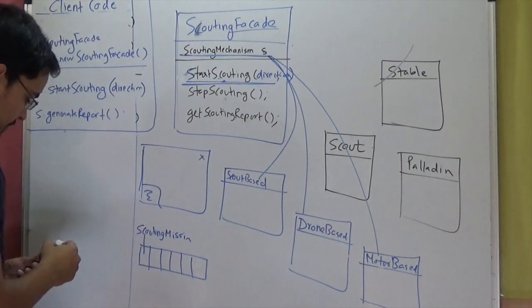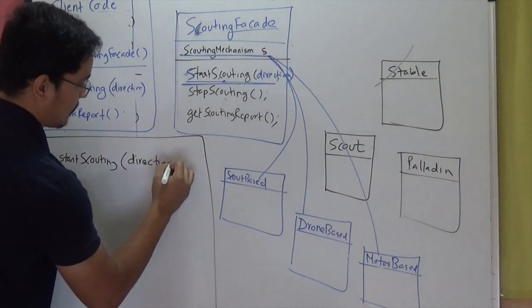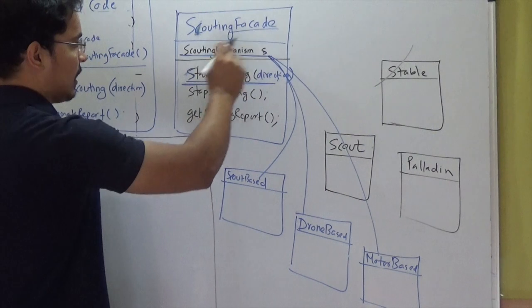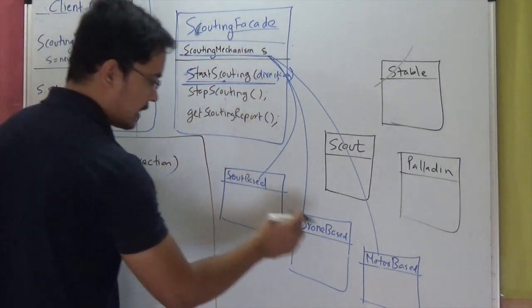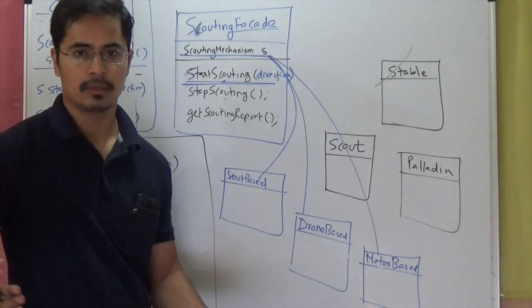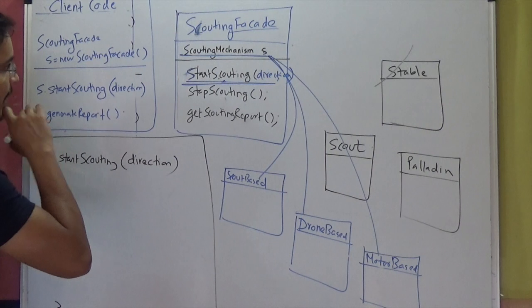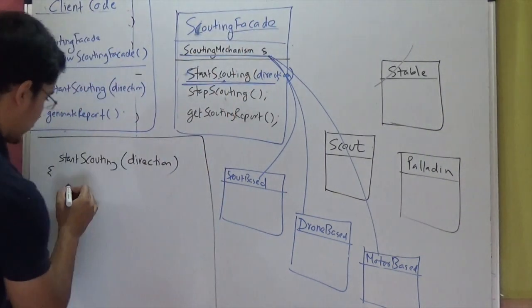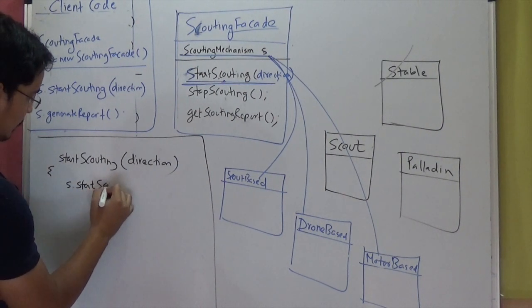So I'll write it here. It has a direction as a parameter. Now, this facade class has a composed scouting mechanism object, which will be initialized to one of the concrete mechanisms based on the era of the player. Once you have that initialization done in the constructor, we can just say s dot start scouting.